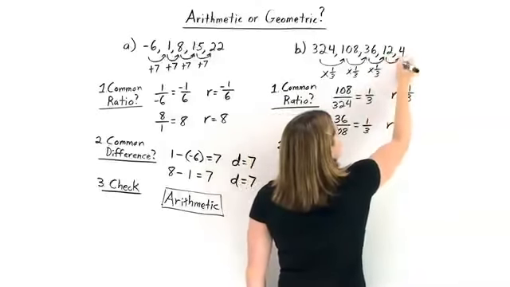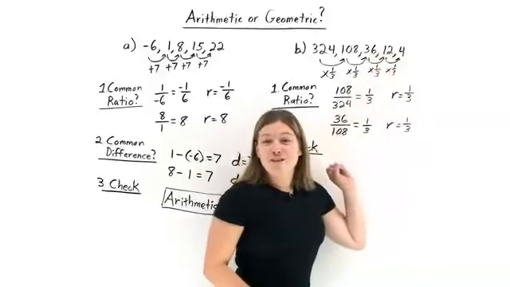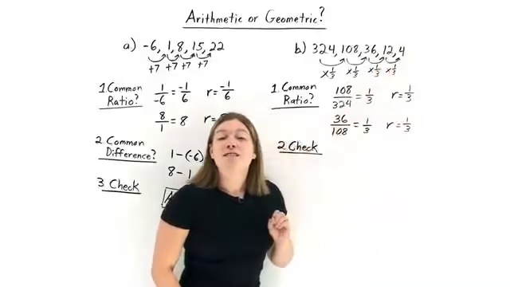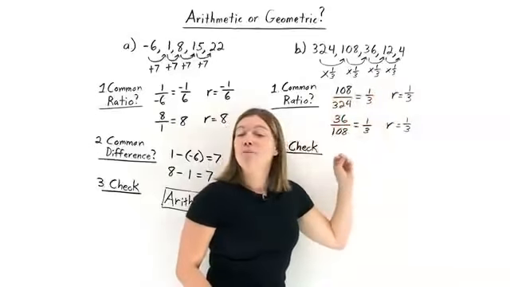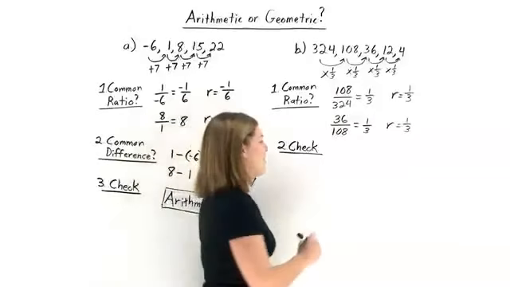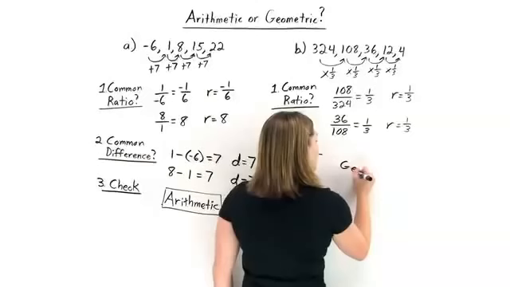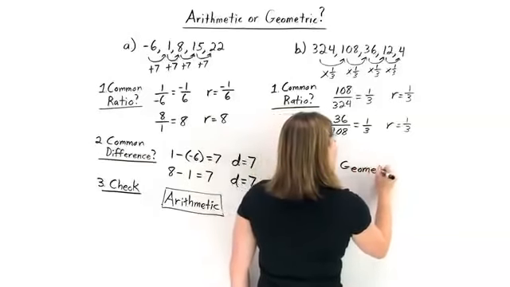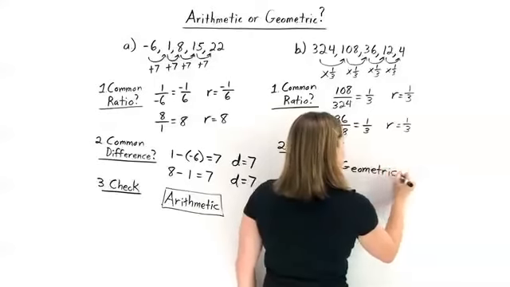And if we take 12 and multiply it by 1/3, we indeed get 4. So that means our sequence holds this pattern of taking a term and multiplying it by 1/3 in order to get the next term in the sequence. That means that we have a common ratio of 1/3. And that also means that this sequence is geometric.